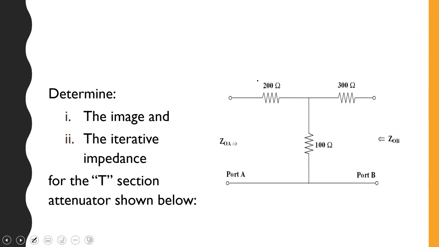Question, sir. When I said to determine the image impedance, it's supposed to give you two values, the one at A along with the one at B. If they're different, then yeah, and if they're similar, then it is symmetrical.